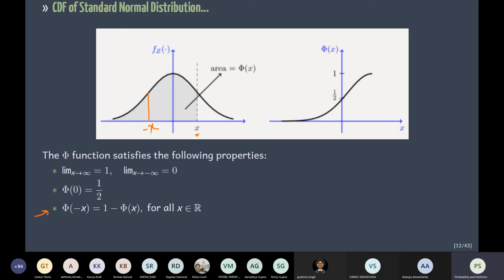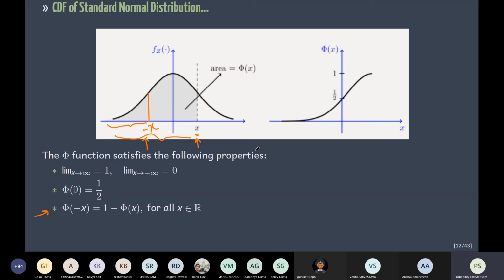So why do you think this result holds? Phi of minus x is 1 minus phi of x. Why should that be the case? Look, phi of x is the area under this, and phi of minus x is the area up to here. So what this is saying is that the area up to here plus the area up to here must sum up to 1.